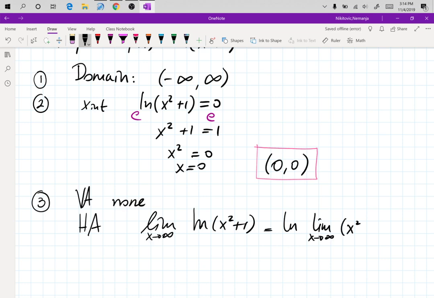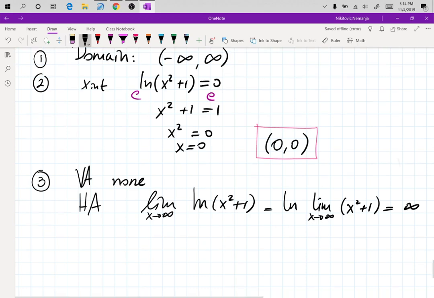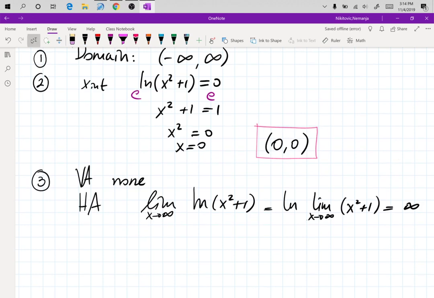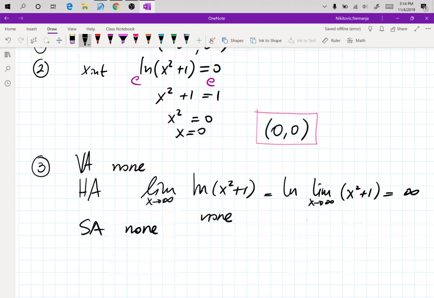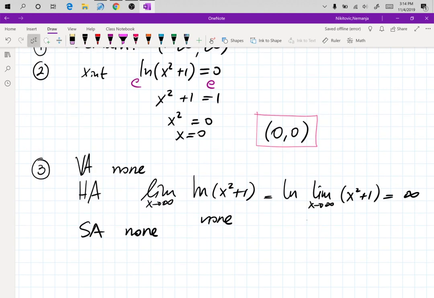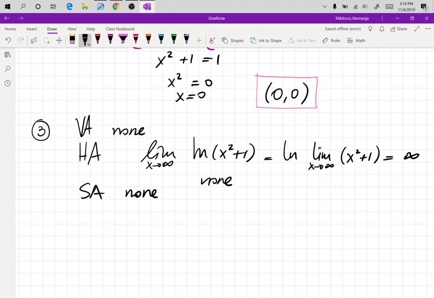So you take the limit of x squared plus 1, and that goes to infinity. Therefore ln of infinity is infinity. So no horizontal asymptote, and clearly none for the slant asymptote, because a slant asymptote only happens when you divide polynomials. So no asymptotes of any kind. All right, that was quick.